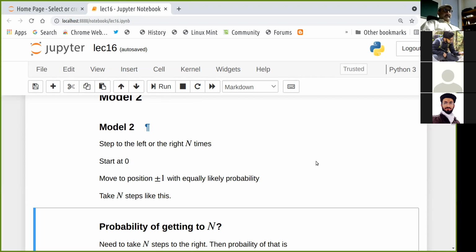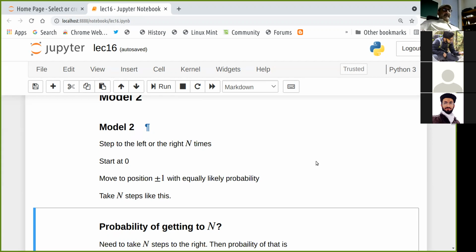0.5 to the power n. That's right. Because you'd have to take a step to the right, then another step to the right, then another step to the right. You'd have to have n steps to the right to get to n in n steps. And each step to the right is occurring with a probability of 1/2.